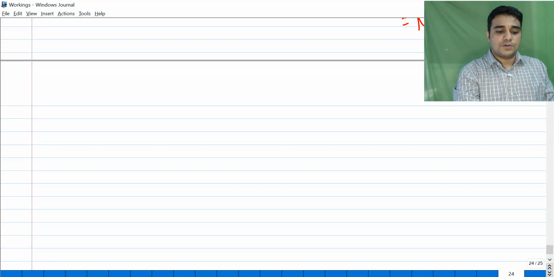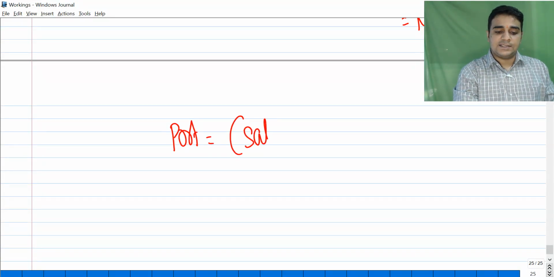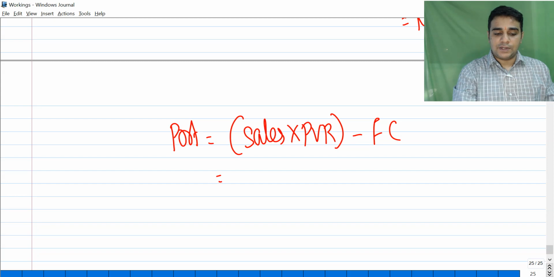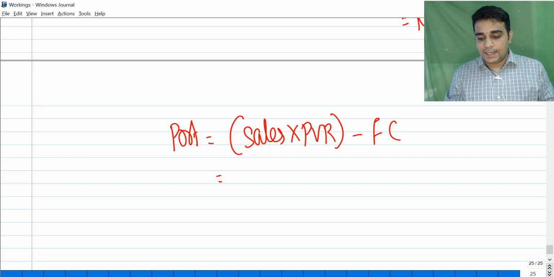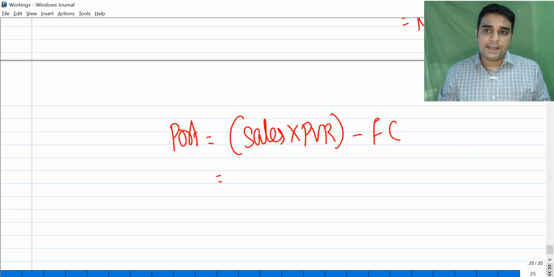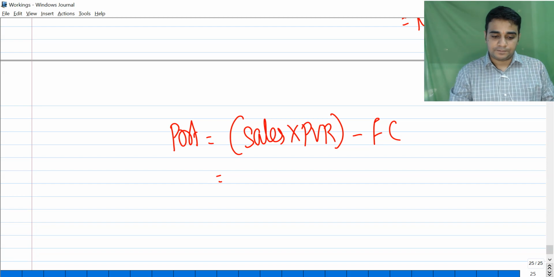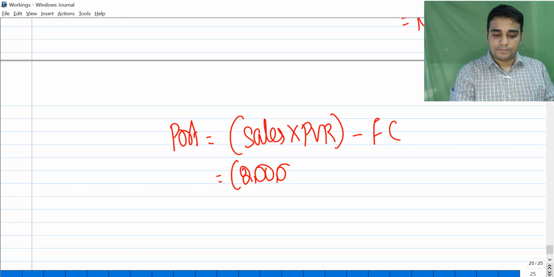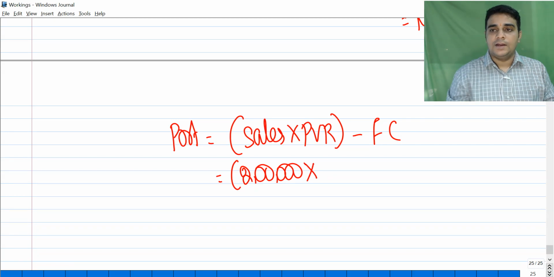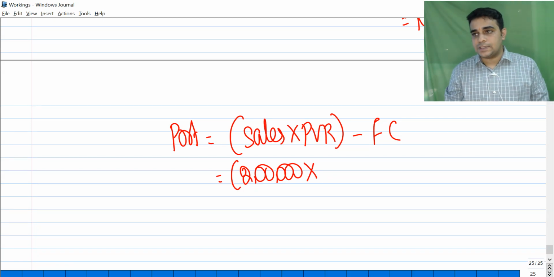Profit is equal to sales into PVR minus fixed cost.